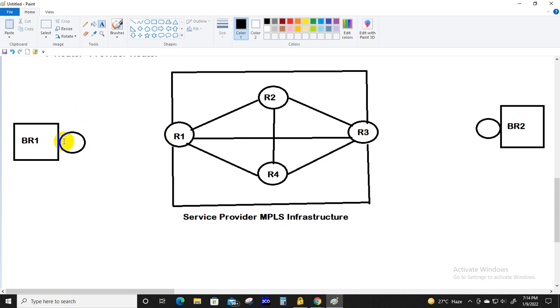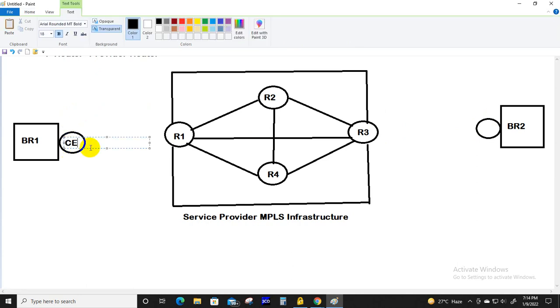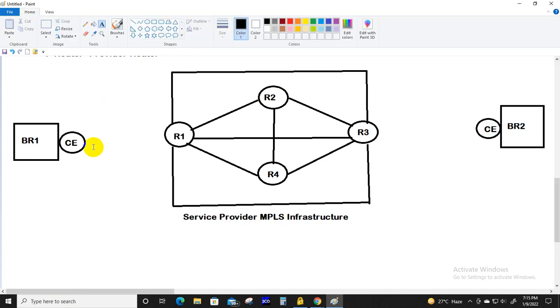So this is actually CE router, customer edge router. This router doesn't use MPLS.